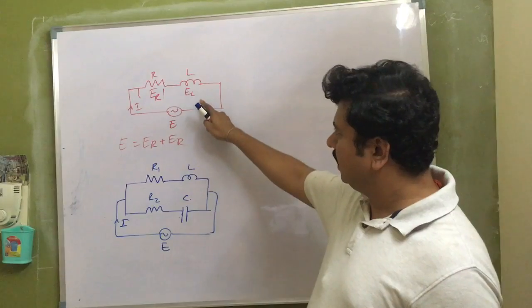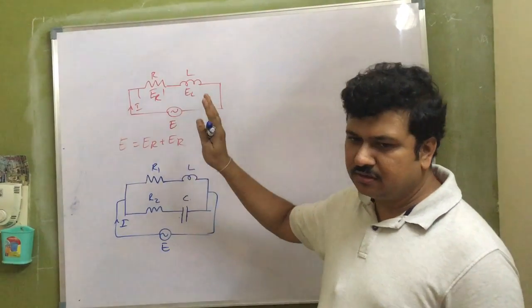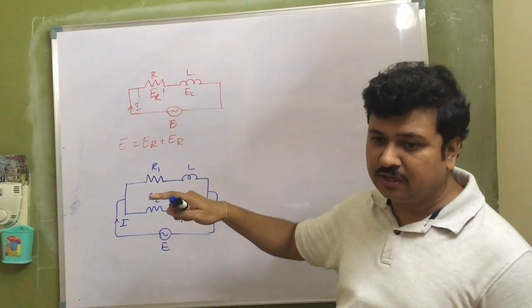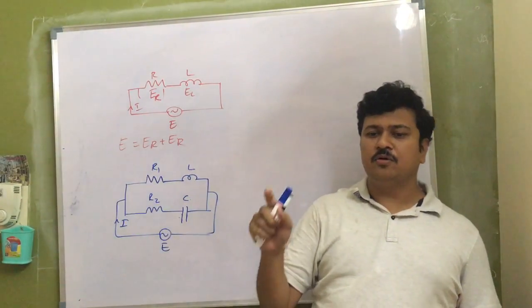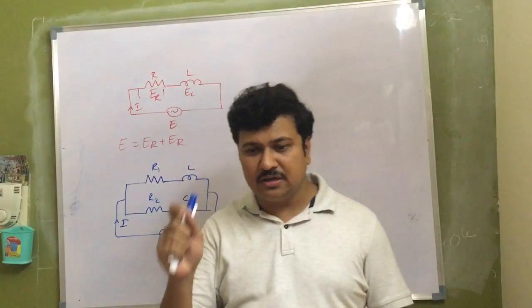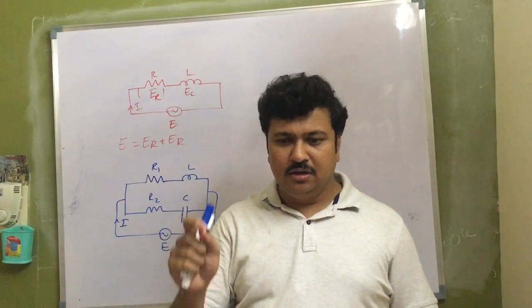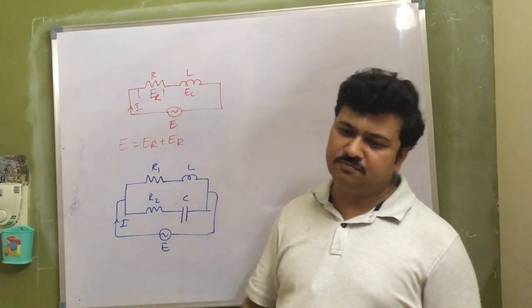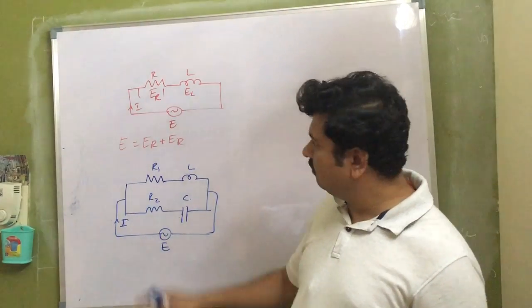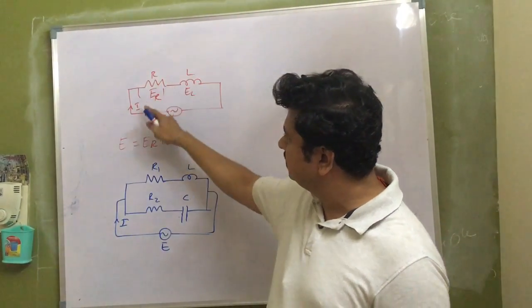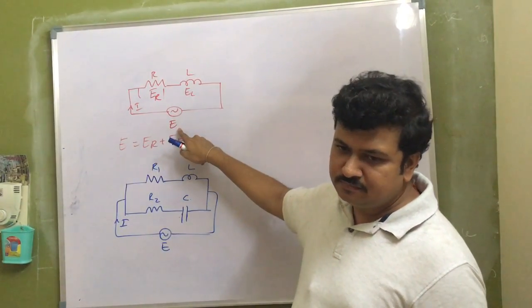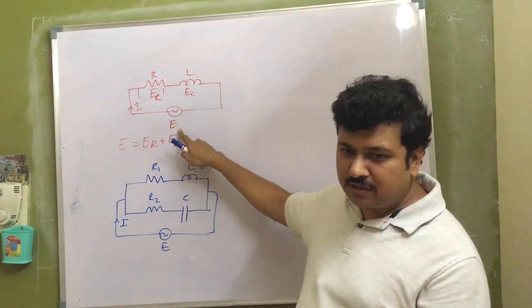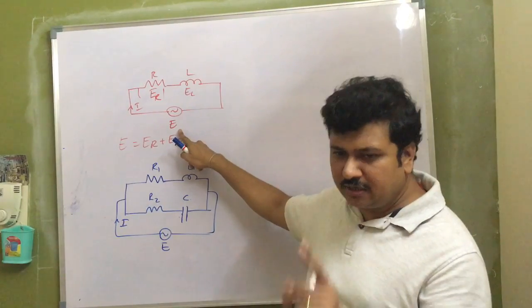Now I want to draw a vector diagram for this circuit. What for should I draw the vector diagram? In my electric circuit, I always draw the vector diagram to obtain the phasor relations between various quantities. Suppose I want to know the phase angle of this current with respect to voltage. Then I should draw the vector diagram to get the resultant current and resultant voltage.